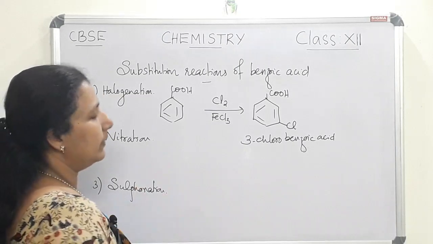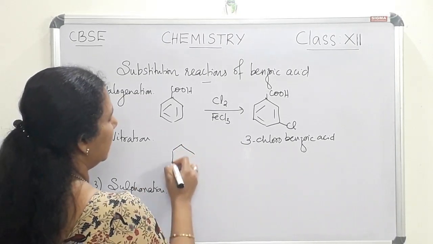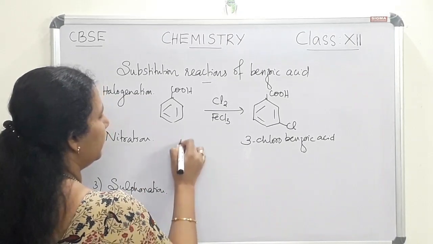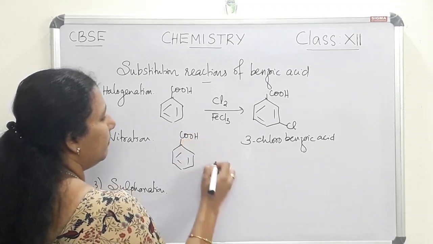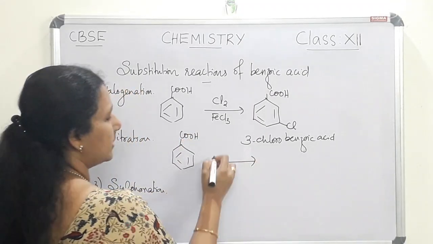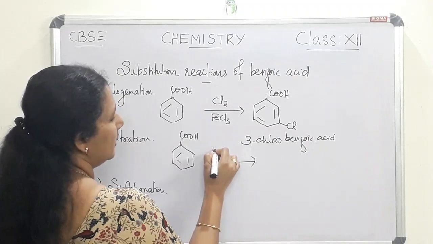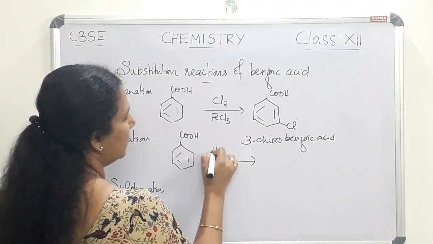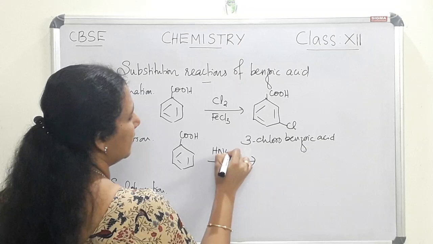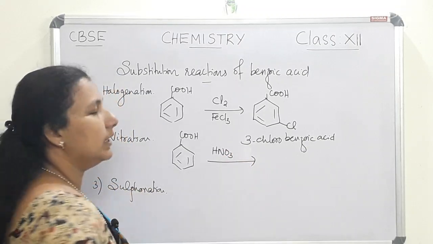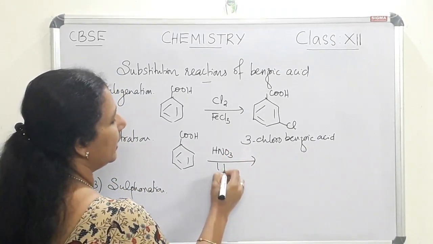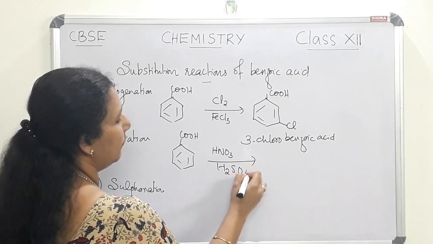In the case of nitration, that is the second electrophilic substitution reaction, if benzoic acid on nitration, so we have to treat this benzoic acid with nitrating mixture, that is mixture of nitric acid and sulfuric acid, HNO3 and H2SO4.